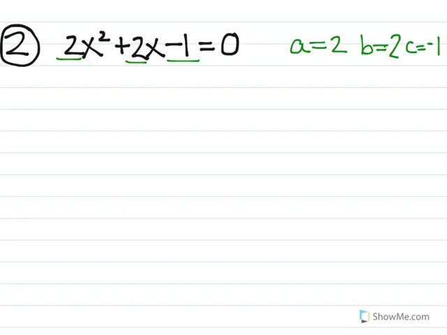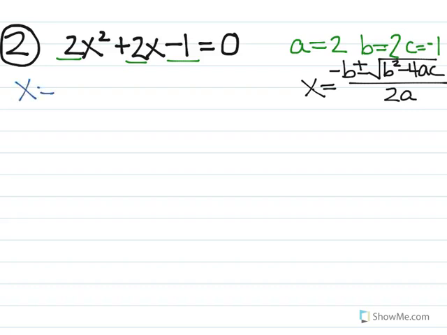Then we are going to plug these into the quadratic formula, and I'm going to write it over here just so we have it to look at. X equals -b plus or minus the square root of b squared minus 4ac all over 2a. Okay, so starting it off with x equals, and then we have -b, so we're going to do -2 plus or minus.